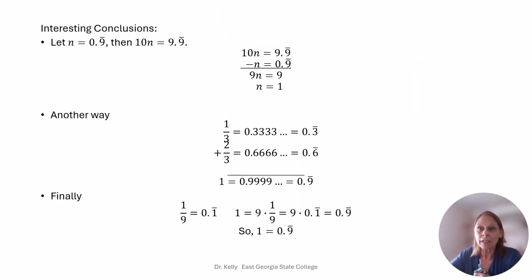There are some interesting conclusions when we do deal with repeating decimals, and one of them is the fact that 0.999999999999999 is actually 1. And we can prove it here.